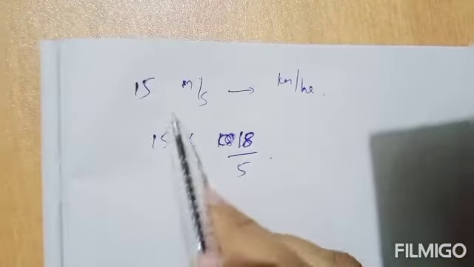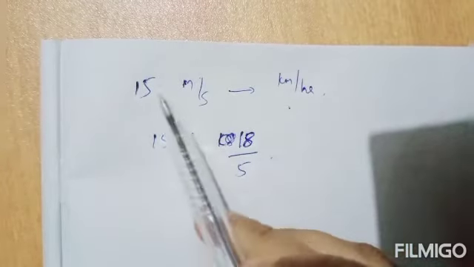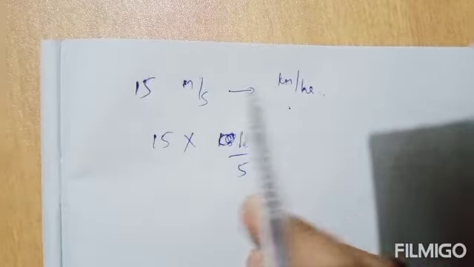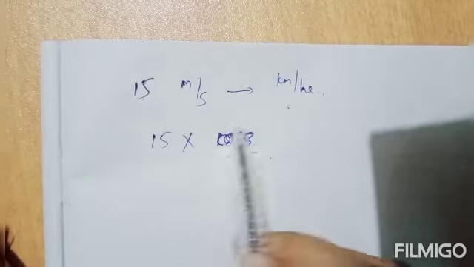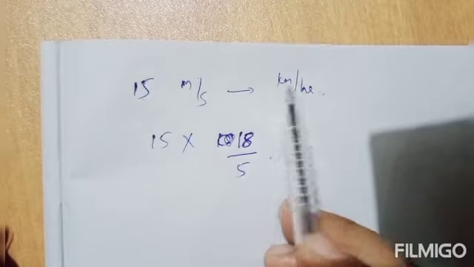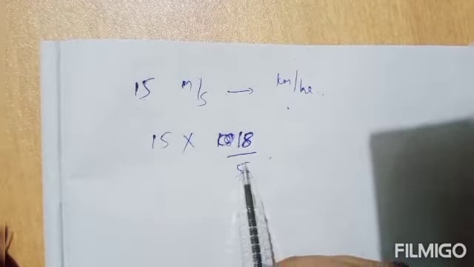But we have to find the speed in kilometers per hour. So we have to convert 15 meters per second to kilometers per hour. How can you convert? In order to convert meters per second to kilometers per hour, just multiply by 18 by 5.